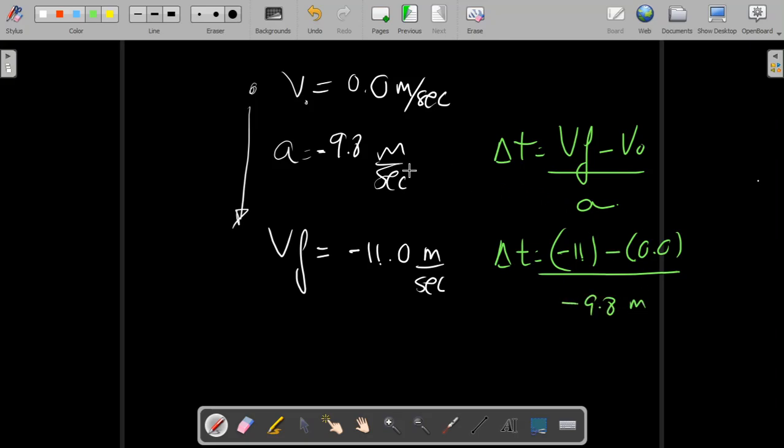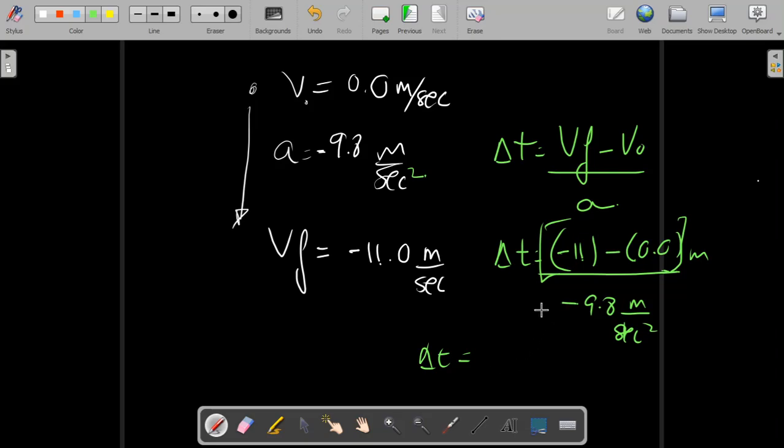You see, I told you that I keep forgetting sometimes to put square. Meters per second squared. These are all meters up here, okay? So if you want to remember, these are meters, you're going to end with seconds. So the change in time, if you put all of these in your calculator, you can put this in parentheses, divided by this number, so you end with a negative divided by a negative, the time is going to be positive.